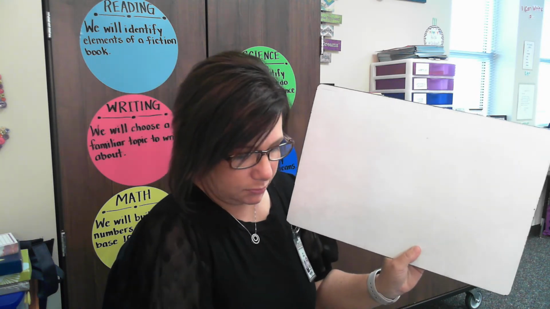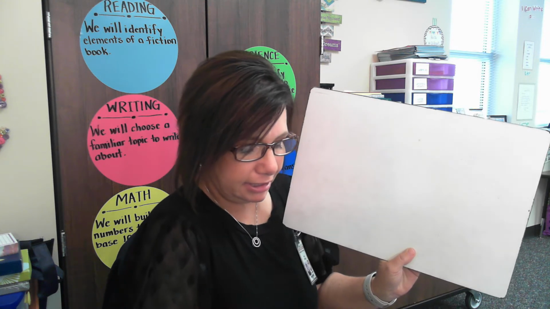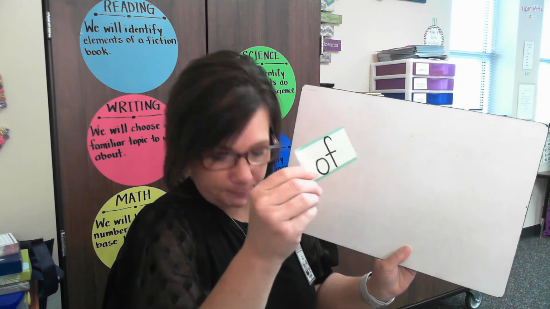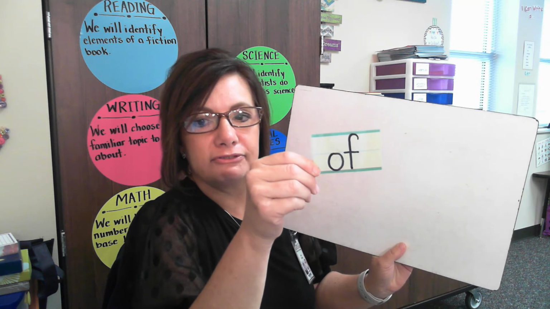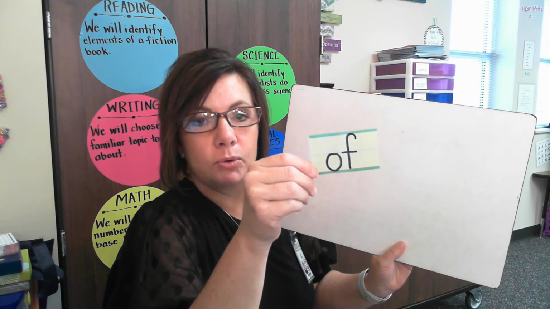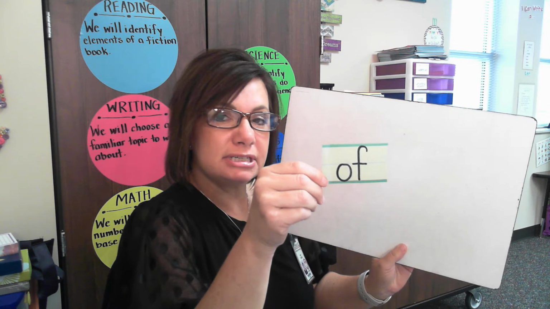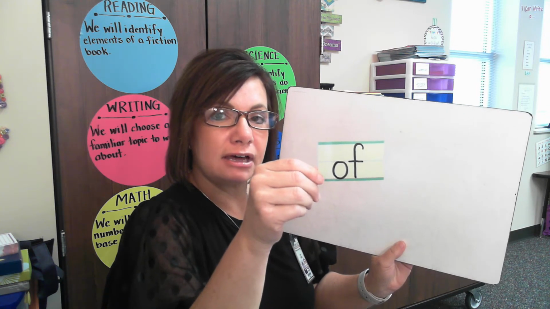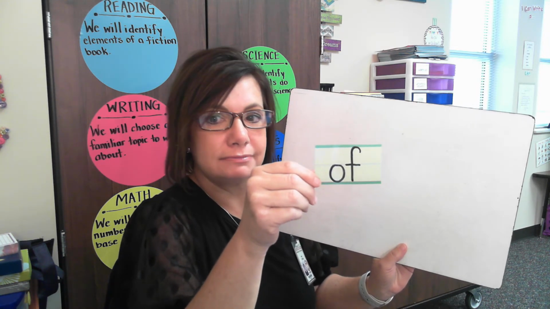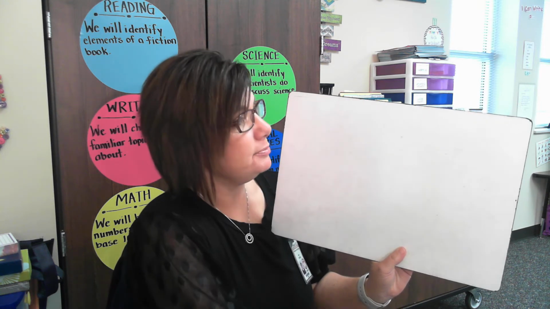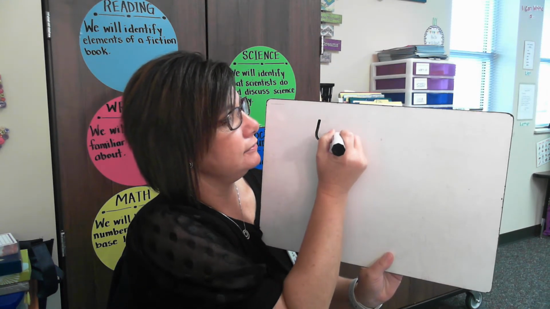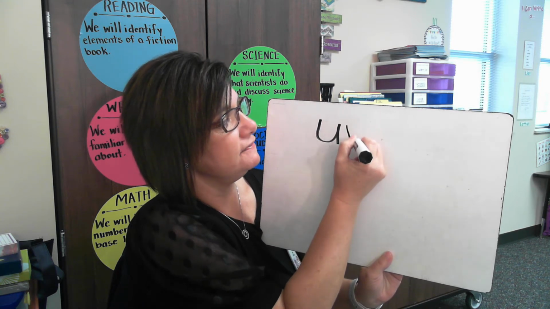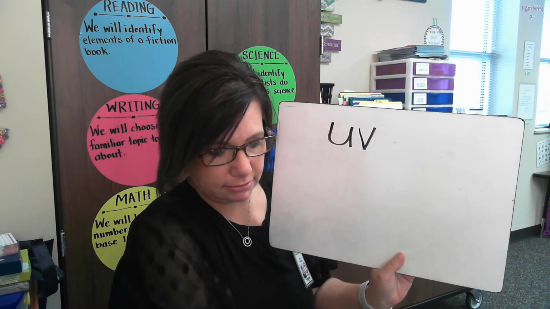Let's go to our next word. Our next word is the word of. Of. Let's spell it. O-F. I know sometimes when we write our word of, a lot of people like to use, let me just show you. Some people, the way it sounds, if you want to spell the word of, you might say of.